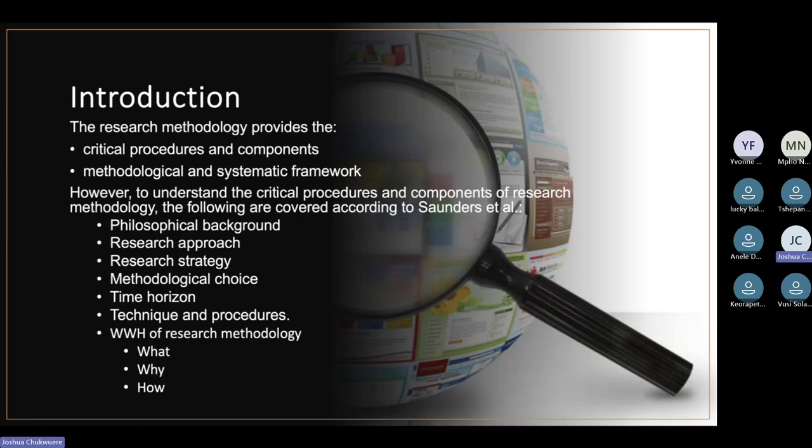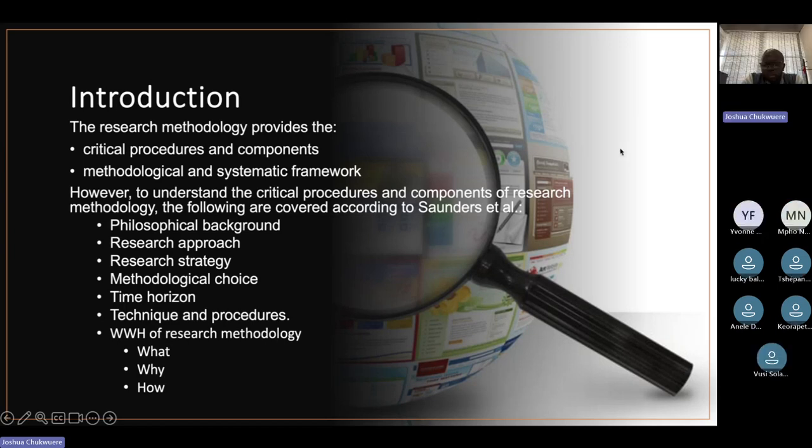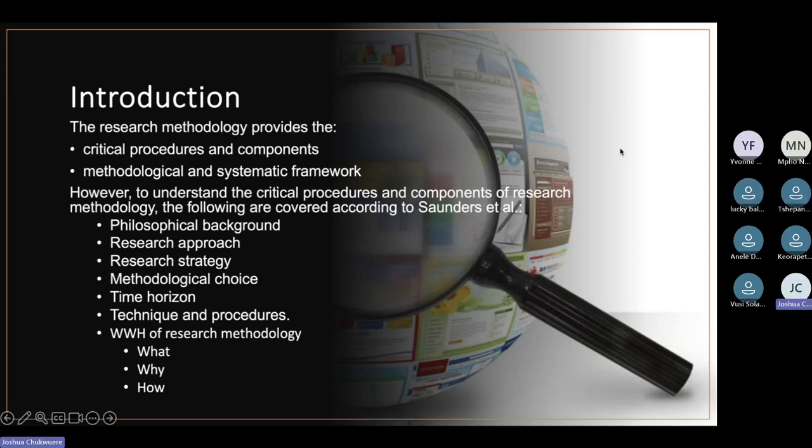Now, within that process, there is a very important aspect that you need to understand, and that aspect is what? You need to understand that this is a process, and it is a process that has some components. It is a methodological and systematic process framework that guides.